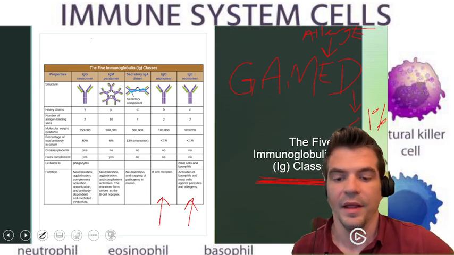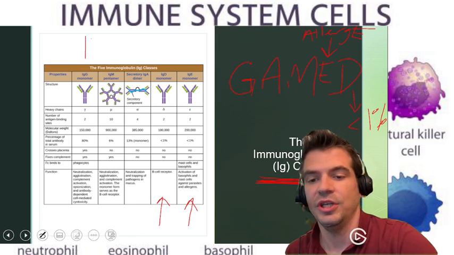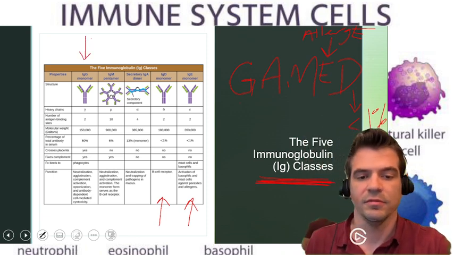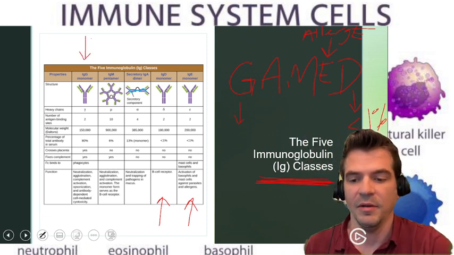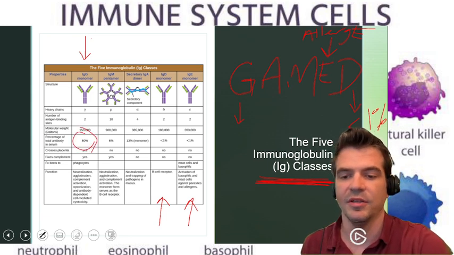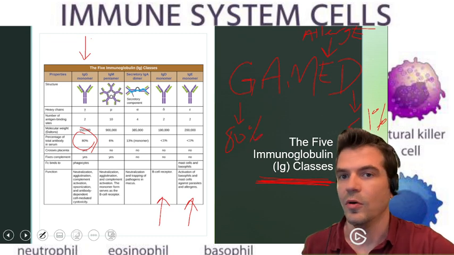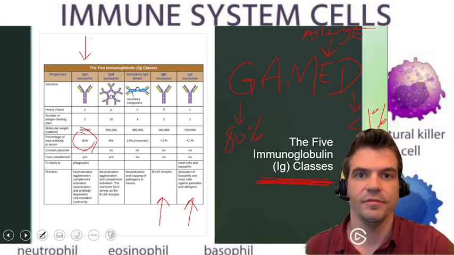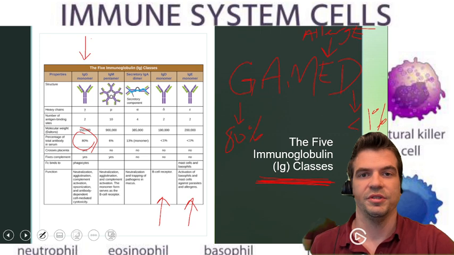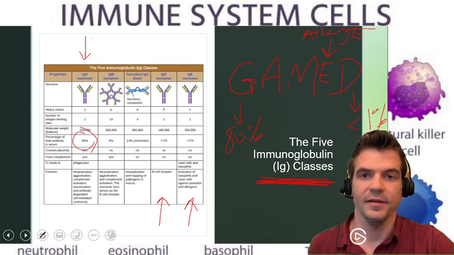Then we got to learn IgG is the heavy hitter. IgG is the main player, 80%. So always trust your gut, and it's probably IgG. It's going to be more numerous and more responsive.